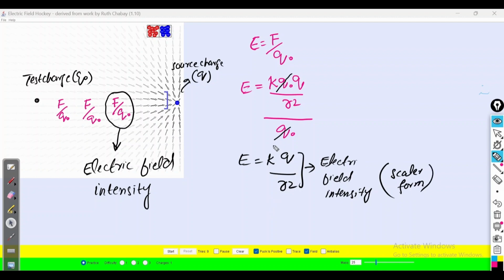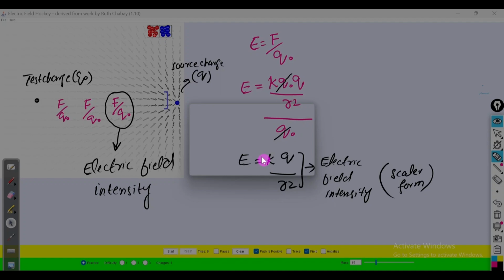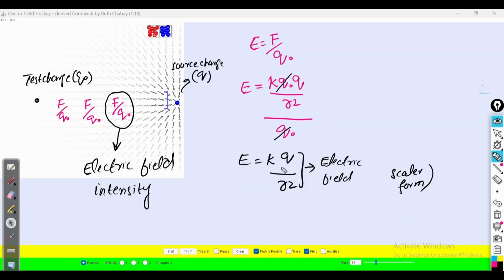But we can also write this in a vector form, because electric field intensity is a vector quantity.